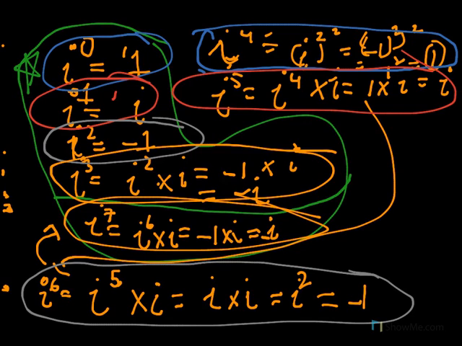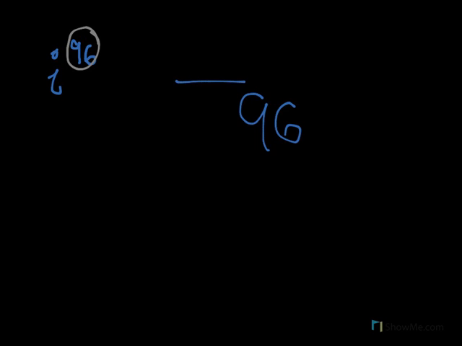Now, supposing that you were given to find the value of i to the 96th or i to the 1 million, whatever. How do you find that? I'm going to tell you an easy way for that. Let's say we have to find the value for i to the 96th. Whatever the power is, in this case 96, we take that power and we divide it by 4.